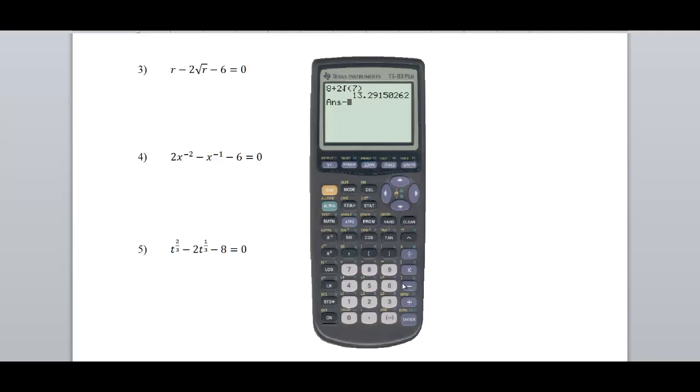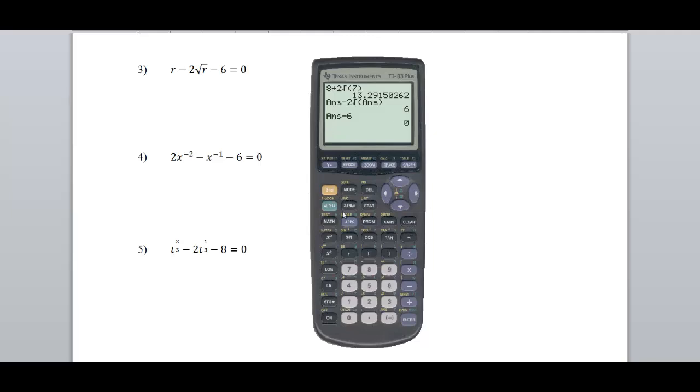Then I'm going to minus 2 times the square root of this r. Now this 8 plus 2 square root of 7 is going to be inside there, so I'm just going to click the answer button because that's really my 8 plus 2 square root of 7. And then I'm going to enter, and then minus 6, 0. That's so much easier. That's the way to check that solution.